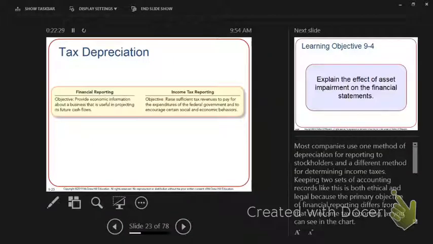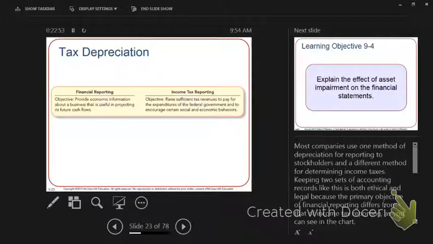All right, financial reporting, we're providing how it's going to affect future cash flows, but for income tax reporting, you're looking at whether or not you have enough revenues to pay for the expenditures for the federal government. So there's two different things, and you hear me talk about why people do these things for tax purposes, and then you'll hear me say why they do them for financial.